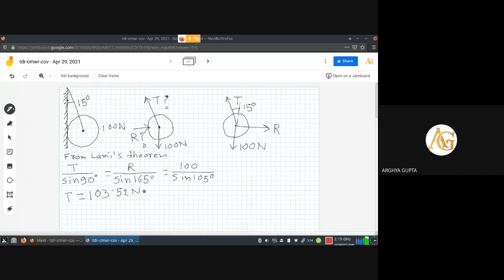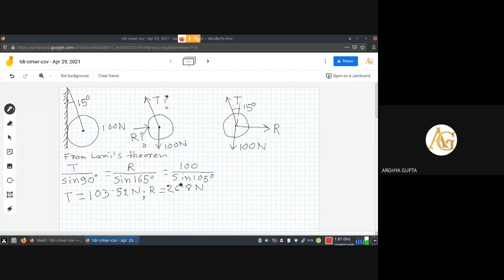And R is equal to 26.8 Newton. So these values have been found by applying Lami's theorem.